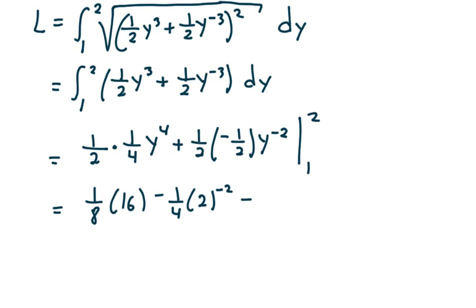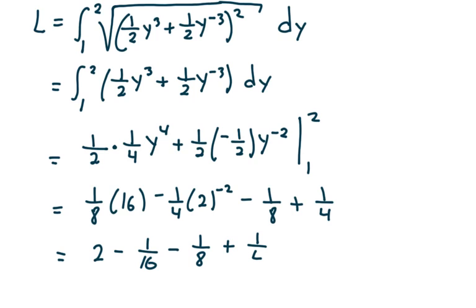And then I'm going to subtract 1/8. And then I'm going to add 1/4. So this is 2 minus 1 over 16 minus 1 over 8 plus 1 over 4. Like this.